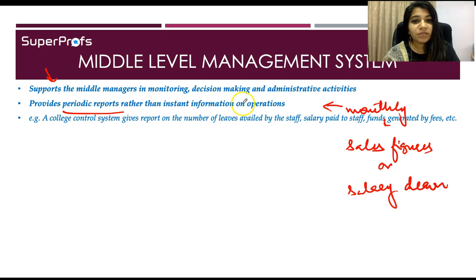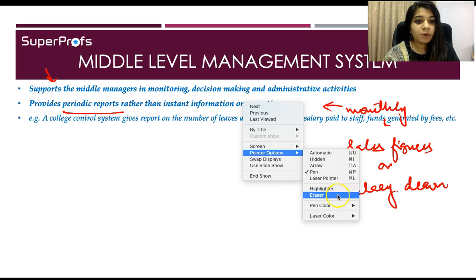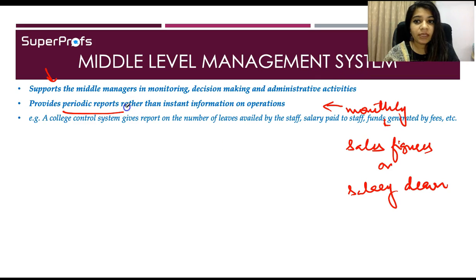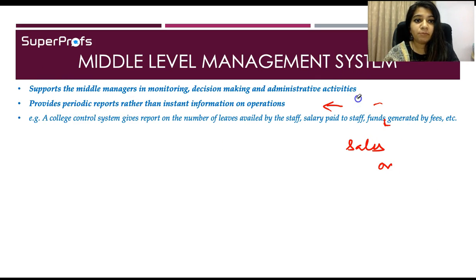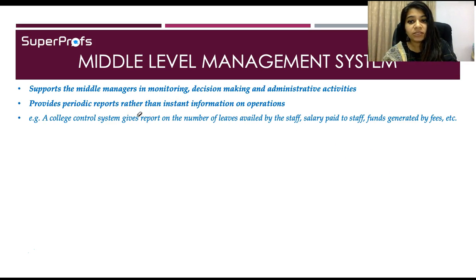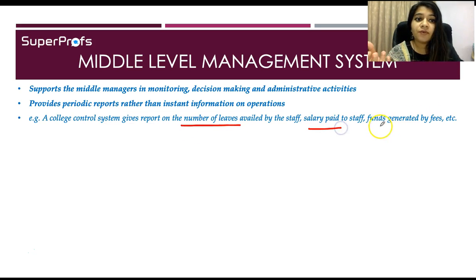As I mentioned again and again about attendance and everything, an example of a mid-level management system would be your college control system. This college control system will give reports on the number of leaves availed by the staff, or the salary paid to staff, or, for the administration function, the funds generated by fees.